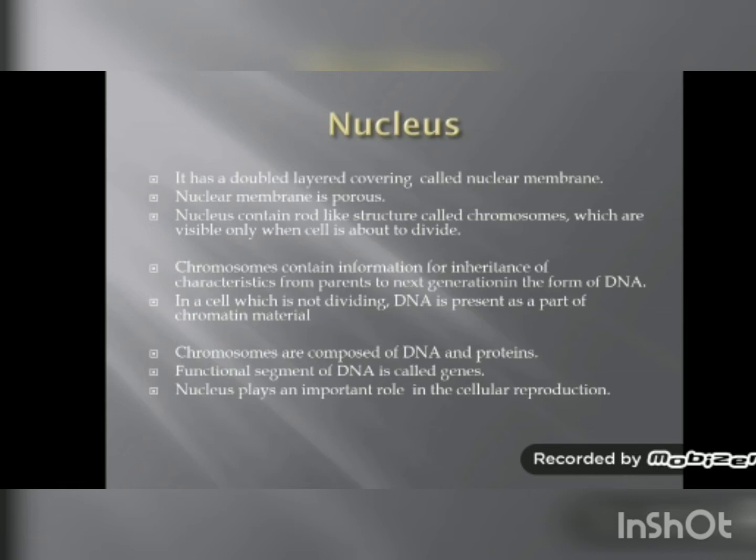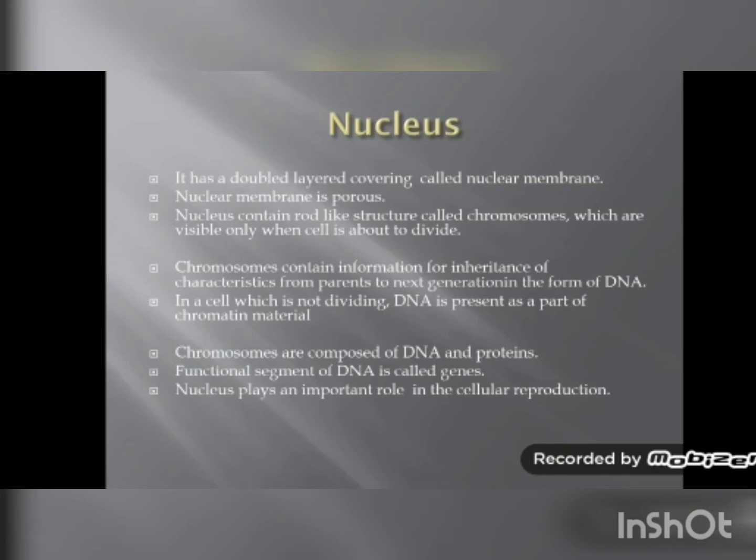You must have seen that when you grow an apple seed, only an apple plant can grow, and when you grow a guava seed, a guava plant grows, because that seed contains information from the previous generation and it is inherited by the next generation, and that is present on DNA. Chromosomes are composed of DNA and proteins. The functional segment of DNA is called genes.